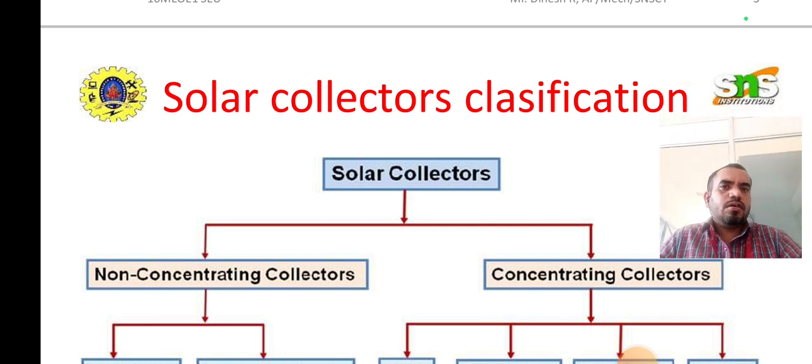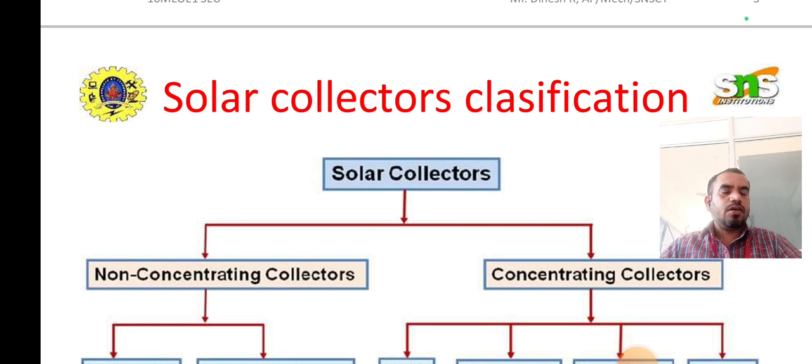The best example of a non-concentrating collector is the flat plate collector. Non-concentrating collectors are collectors whose movement is not adjustable and is fixed. When the sun travels from one horizon to the next, the collector will not track the sun.